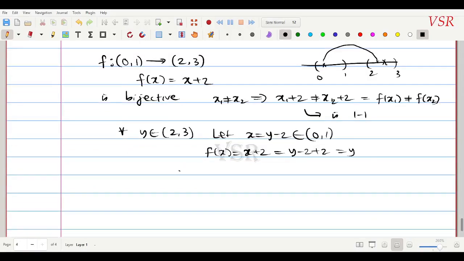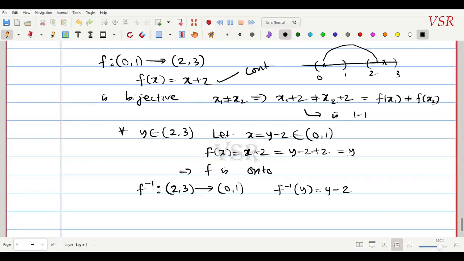Continuity is obvious, and the inverse is also continuous. The inverse f inverse is a function from (2,3) to (0,1), defined by f inverse of y equal to y minus 2, which is also continuous.